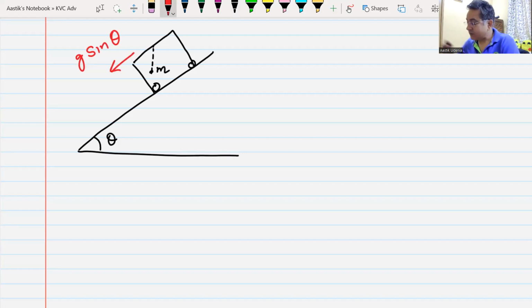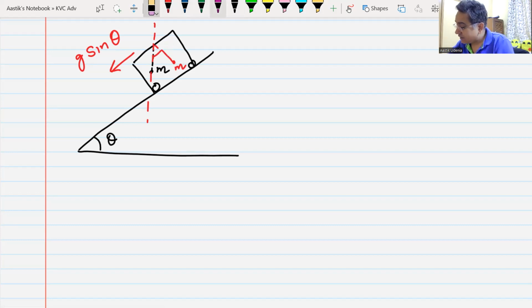Yes, sir. Now remember, in this case, if this is the vertical, this pendulum will not remain like this. The pendulum will be at an angle, inclined with the vertical.